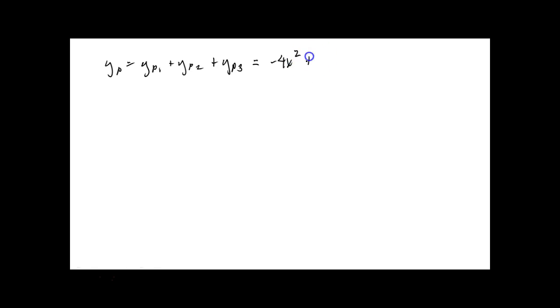And that will be the sum of those three ones, minus 4x squared plus e to the 2x. See, I don't have it written down. I have to read it from the book. Plus xe to the x, okay?